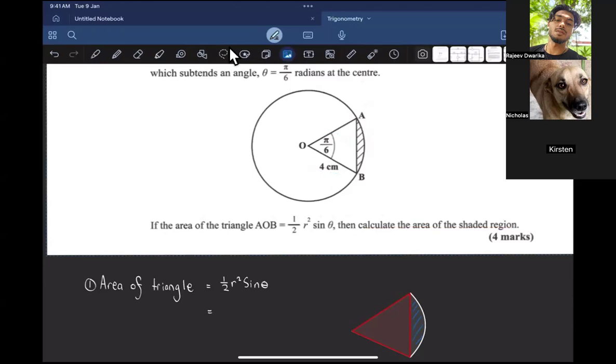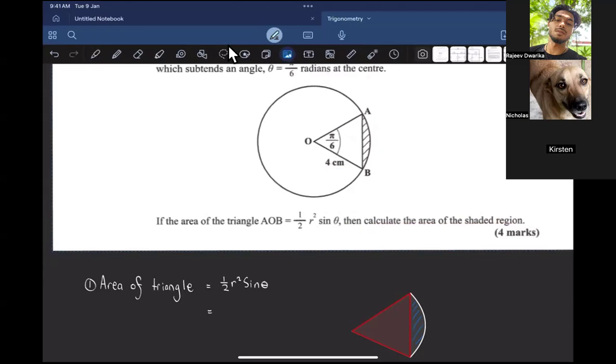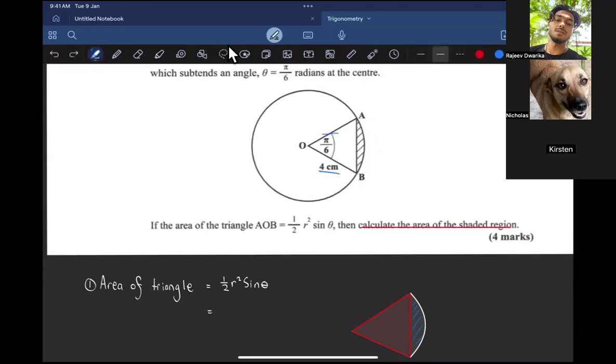So how do we know whether to use degrees or radians? Well, anytime you see pi in the angle, that is automatically in radians. So the angle they give us is in radians, so you're going to put your calculator in radians.